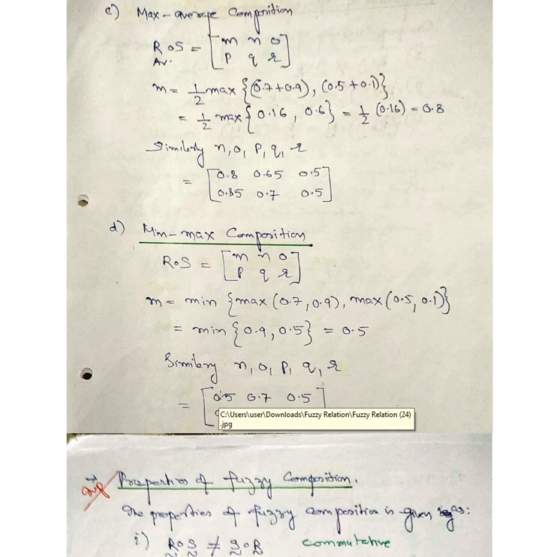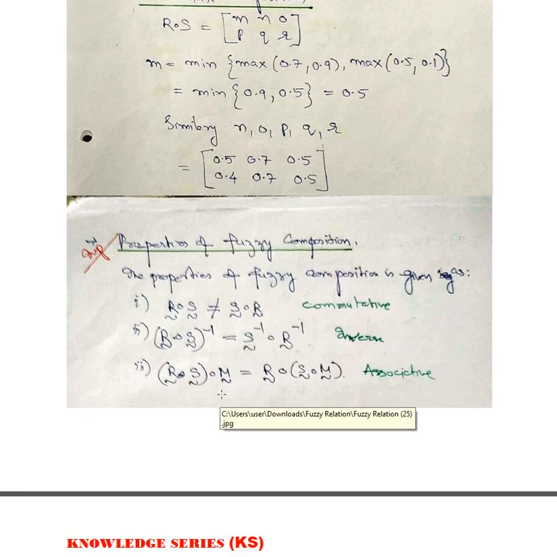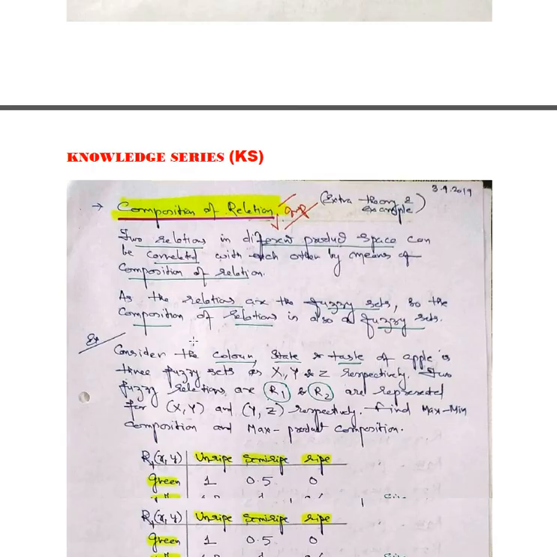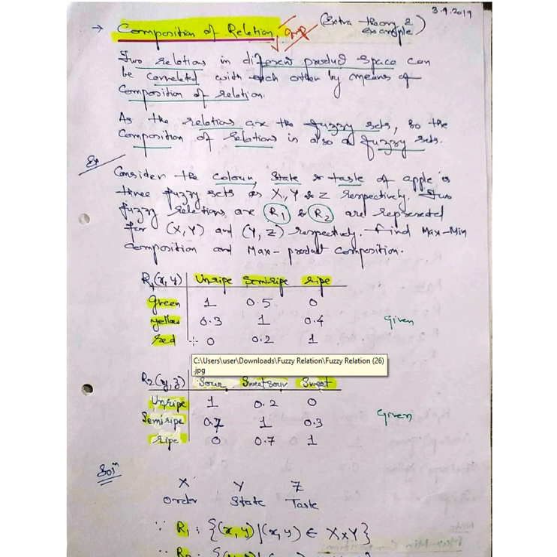So these particular problems definitely give an idea with respect to the logic, and these are the properties as I have explained to you in the previous slides. Now here there are some more examples.